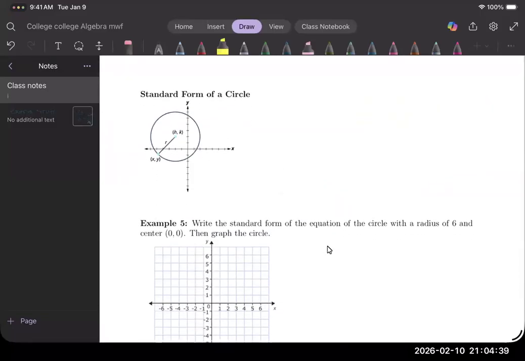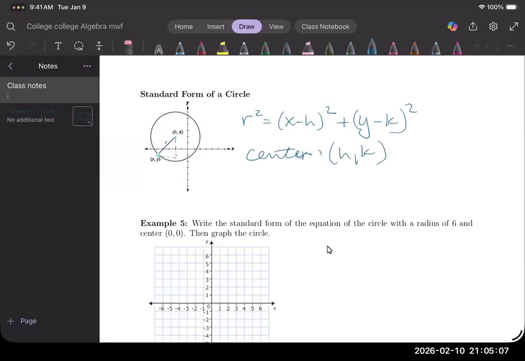Here's the standard form of a circle. Again, it stems from the Pythagorean theorem. R squared is equal to x minus h quantity squared plus y minus k quantity squared, with a center H comma k, and of course the radius equal to r.